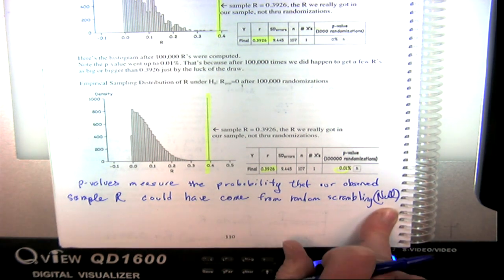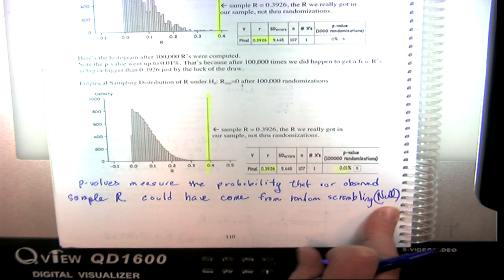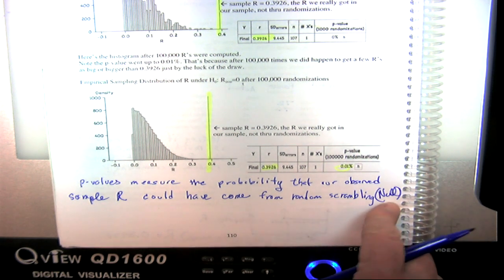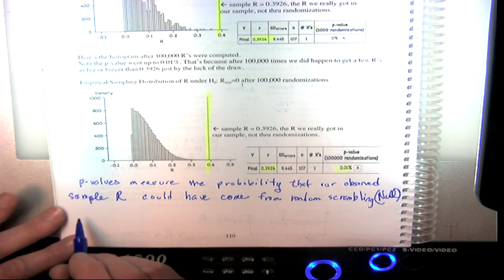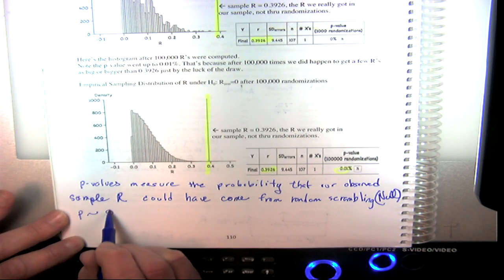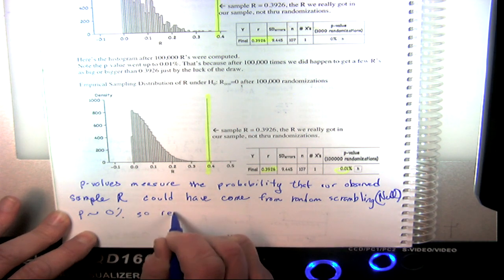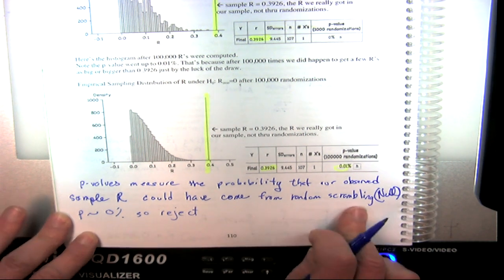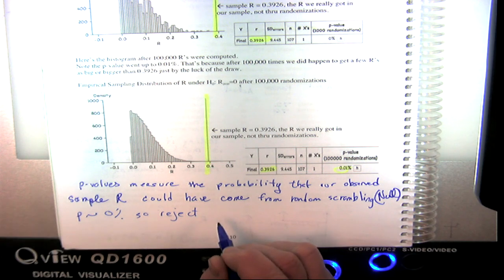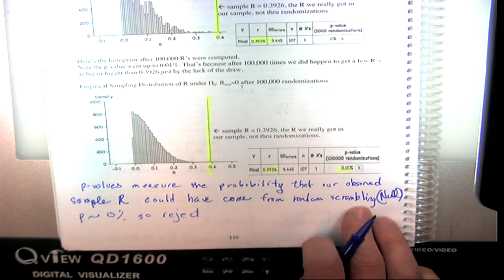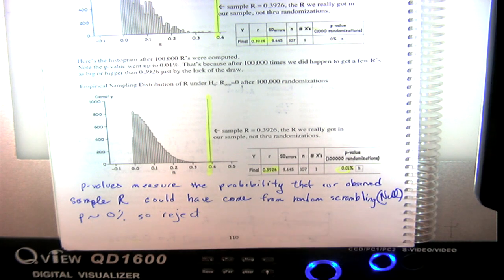likelihood you'd see such a big test statistic, such a big R, or more extreme, if that was true? So in this case, P is essentially 0%, so we reject the null, that it could have come from random scrambling, not sampling.